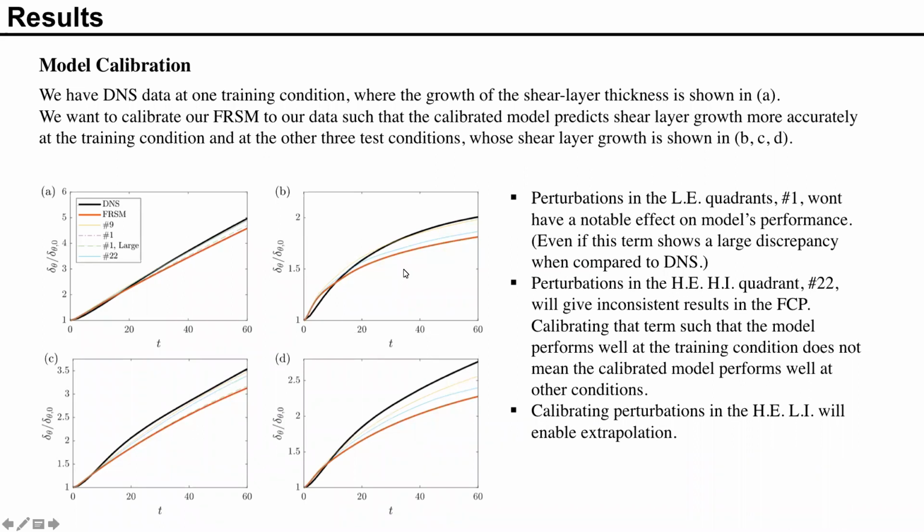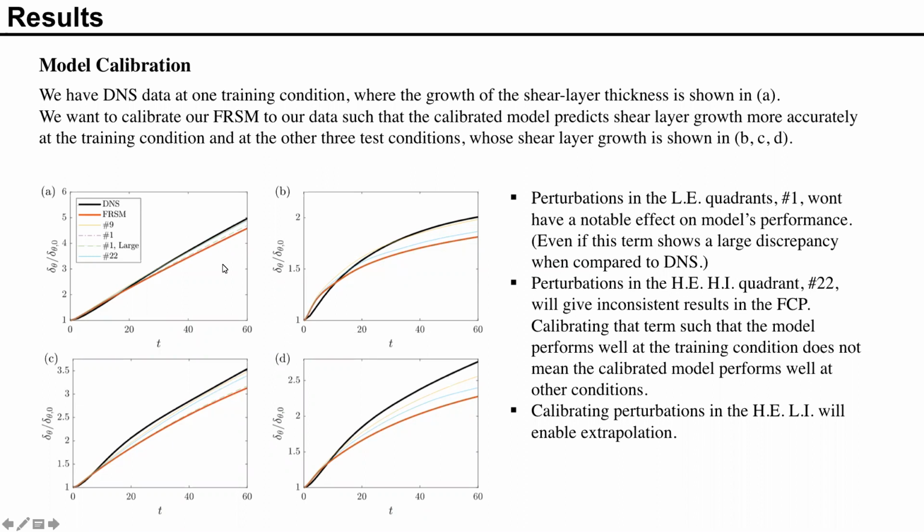Of course, when we are calibrating, those black lines are assumed not known to us. The red line shows the prediction of the original uncalibrated FRSM model, as you can see here. So they are not very accurate.